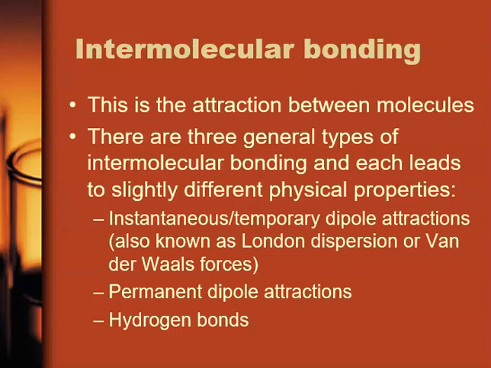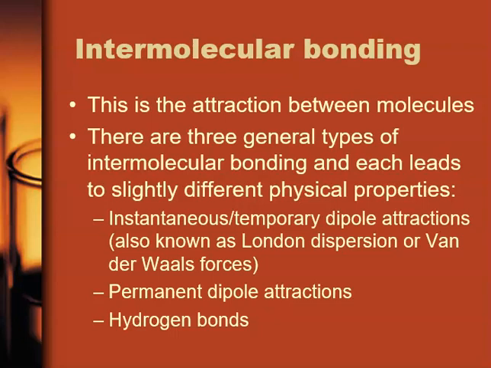We also have permanent dipole-dipole attractions and hydrogen bonds. Now, just a reminder, a dipole occurs when a molecule has a positive part and a negative part. So those 2 parts, the positive part and the negative part, are known as the dipoles. Dipole literally means 2 poles, a pole being a positive and a negative.